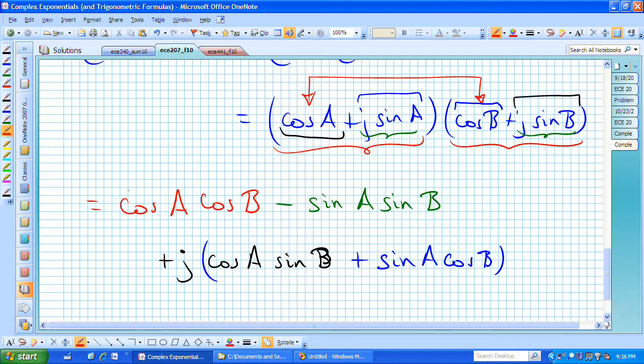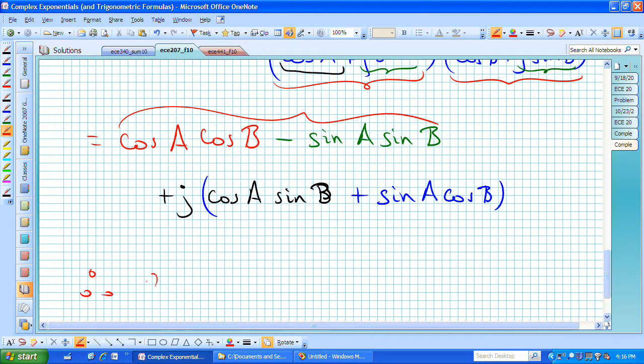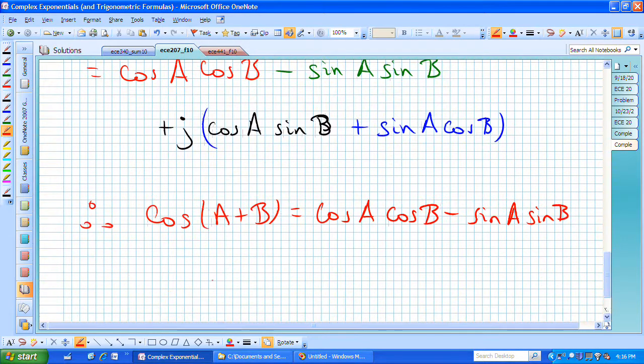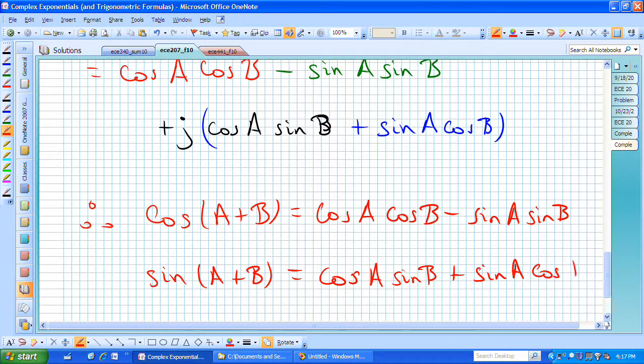This is then the real part, or we now can conclude that the cosine of a plus b is equal to, or we've just derived that that's cosine a cosine b minus sine a sine b, and we've also shown that the sine of this sum of angles a plus b is cosine a times sine of b plus sine of a cosine of b.